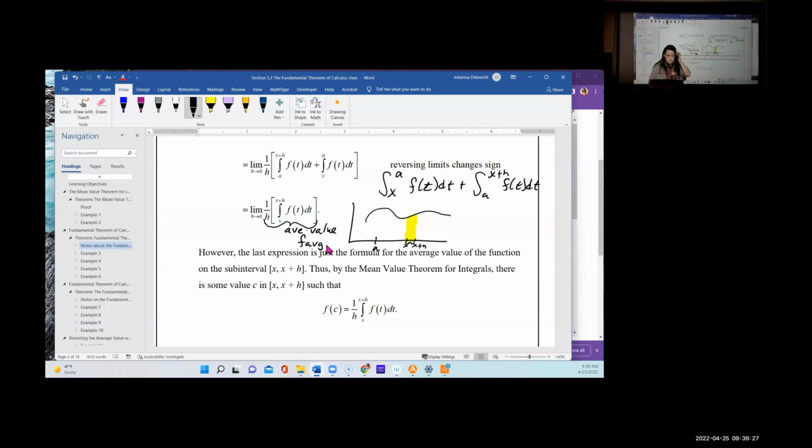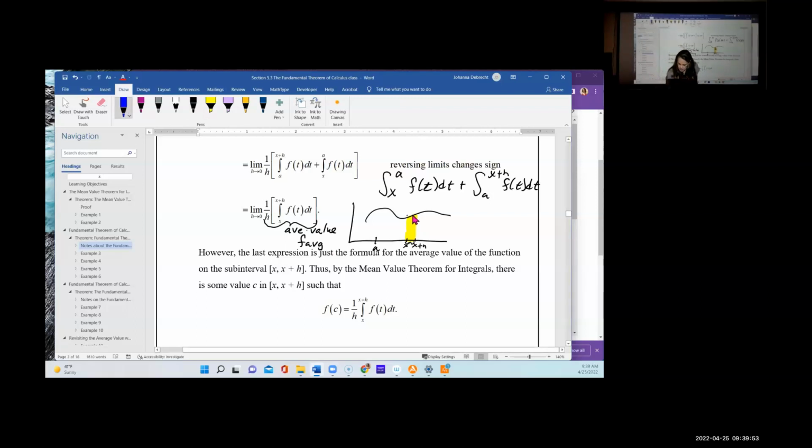So now we're going to be taking the limit of this average value. By the mean value theorem for integrals, there has to be some c in the interval between x and x plus h that does take on this average value. So this is where the mean value theorem for integrals comes in. There has to be some point that has that average height.